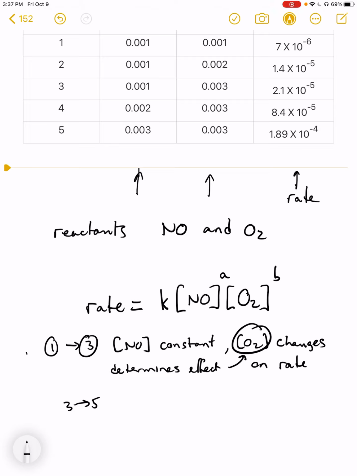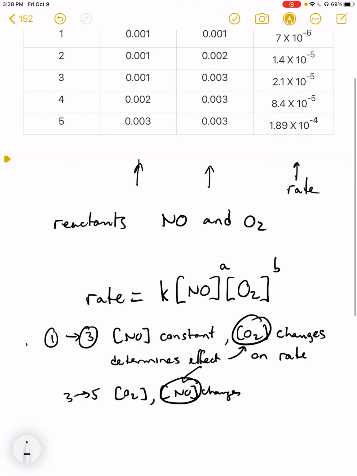For 3 through 5, the O2 is constant and the NO changes. So that will let us determine the effect of the NO on the rate, okay?